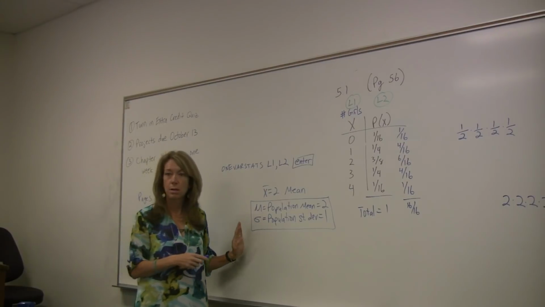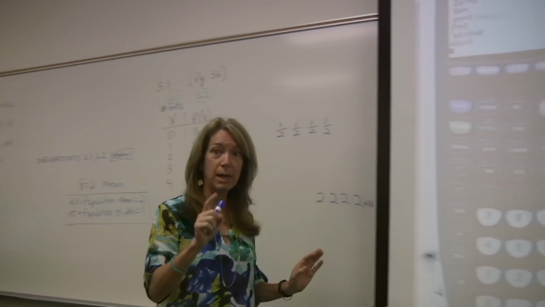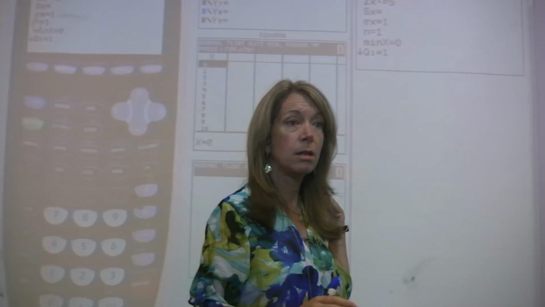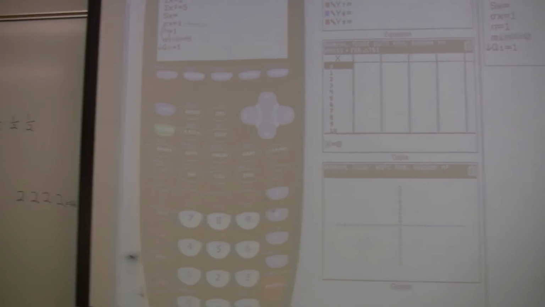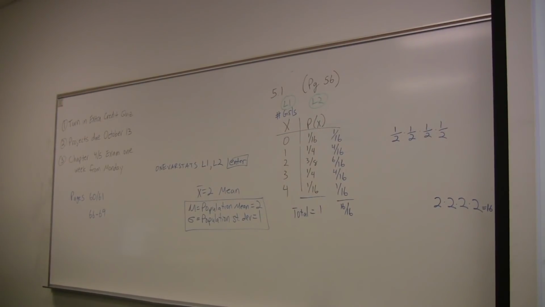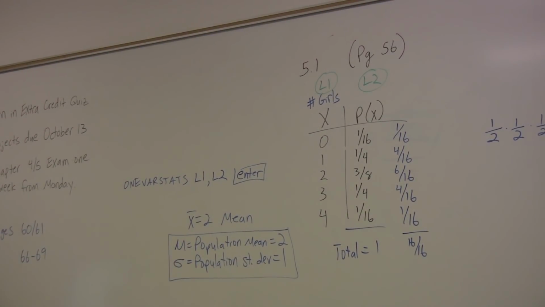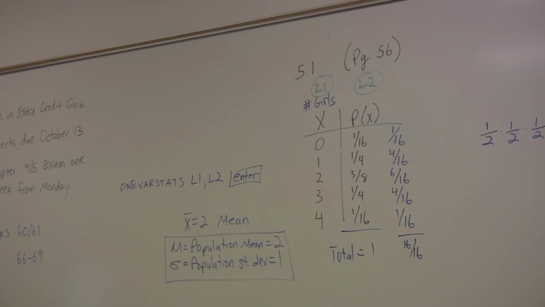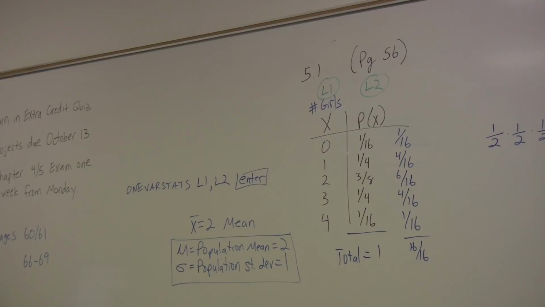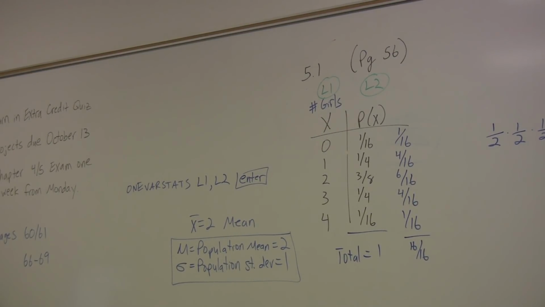Questions? Kevin and Brian, are you guys good? Or do you have a question for me? Yeah, it's just his calculator's a little tricky. The calculator's grouchy? I don't know what's going on with it. Let's see. His tape is all good, right? Let's check your tape. Let's see if you did L1. So when you do one-variable stats, make sure you do L1, L2, because you have to tell it the probabilities too.